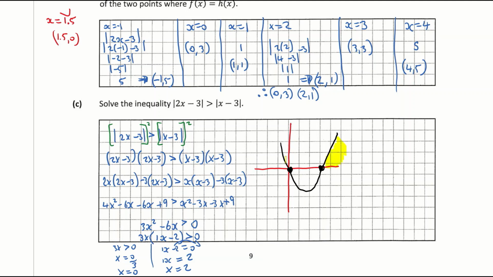So I'm looking for this portion of the graph and this portion of the graph. So therefore my values for x are going to be x greater than 2 and x less than 0. I can't accept any value between 0 and 2 because then that would end up being below 0. And that is question 4.